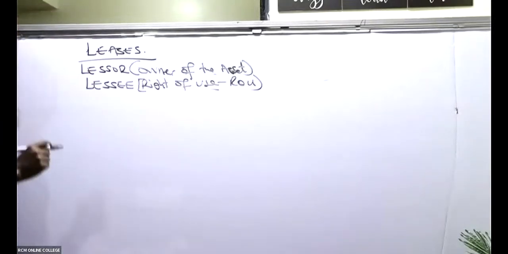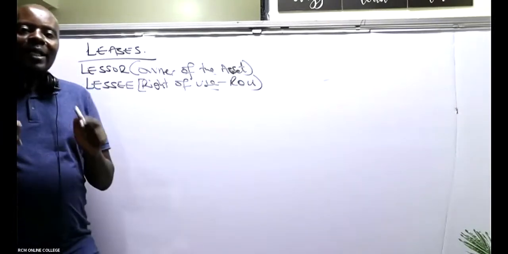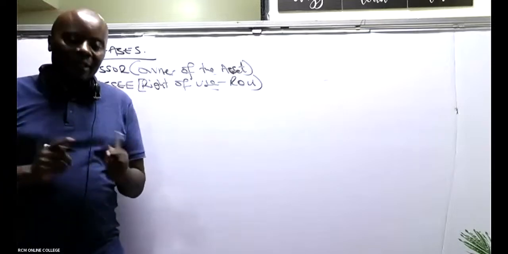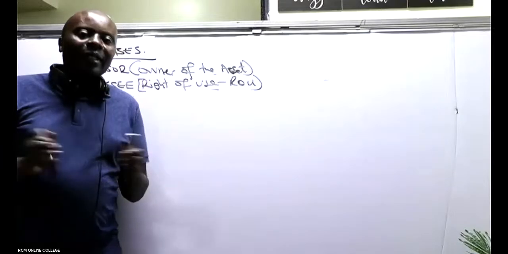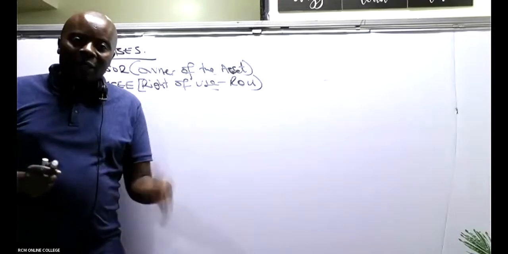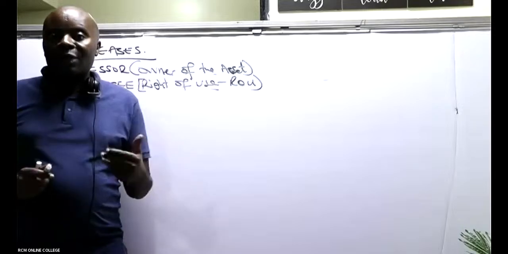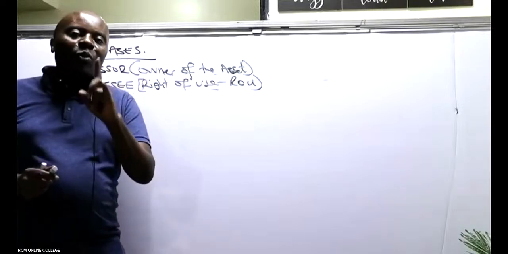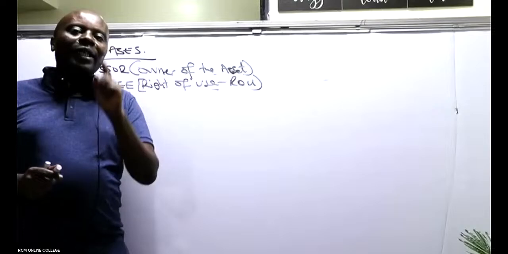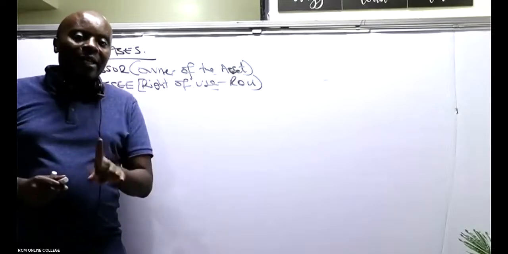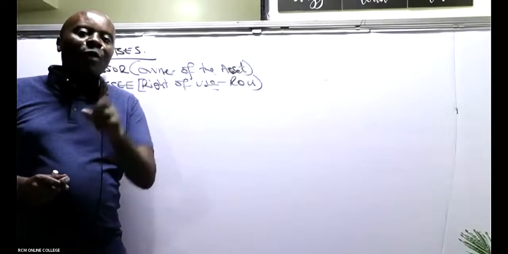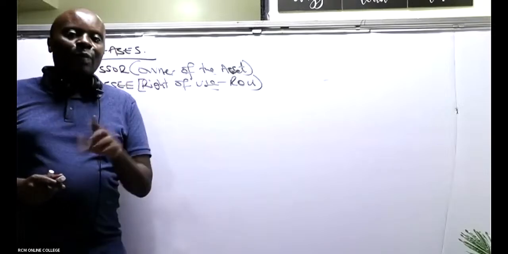So he's given the right to use this particular asset, which he doesn't own. And then at the end of each month, for example, or even at the beginning of each month, he'll be required to pay what we call lease rentals. And he'll be required to stay in this particular premises for a specified period.